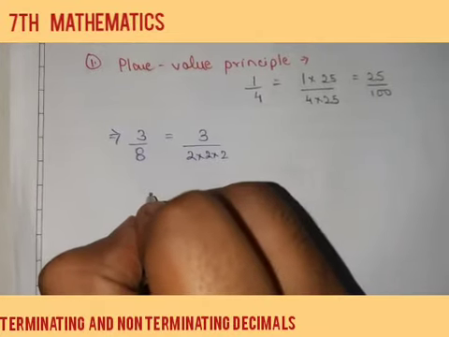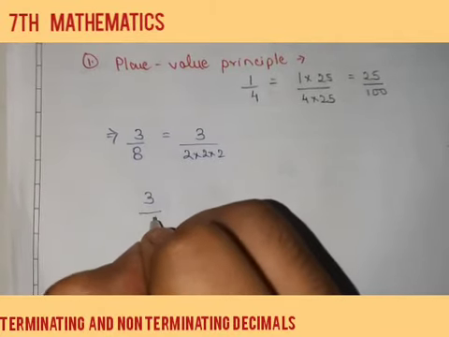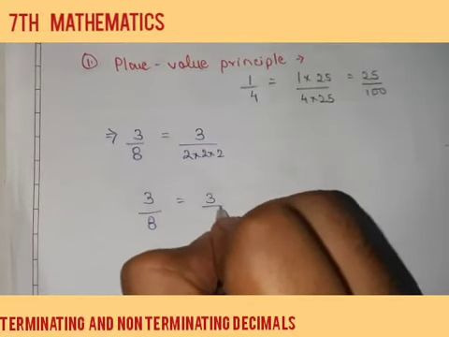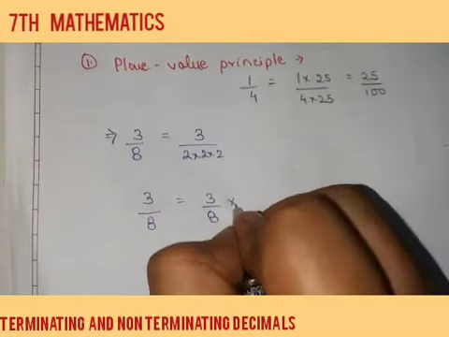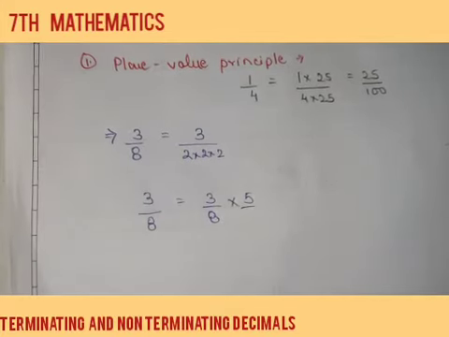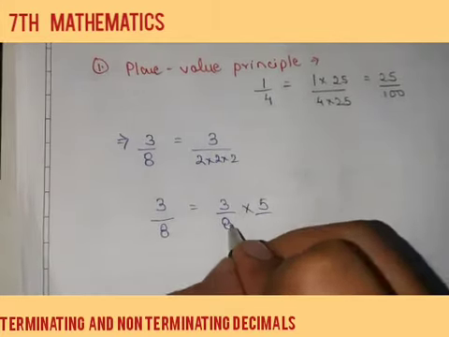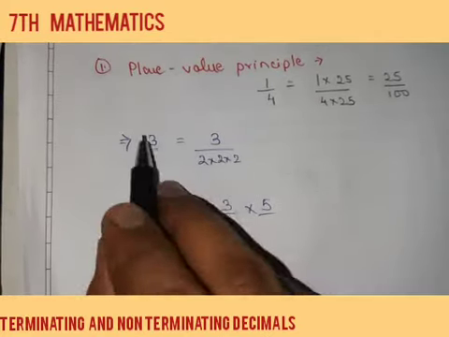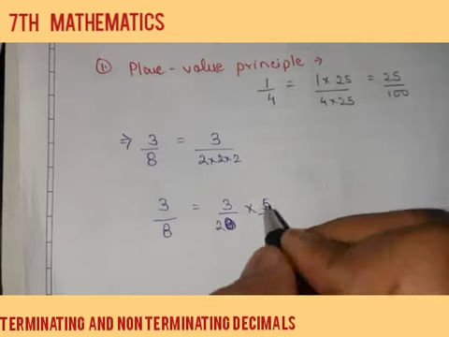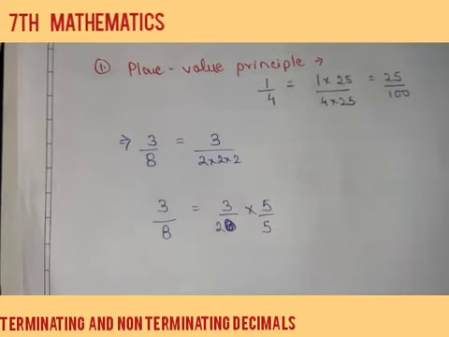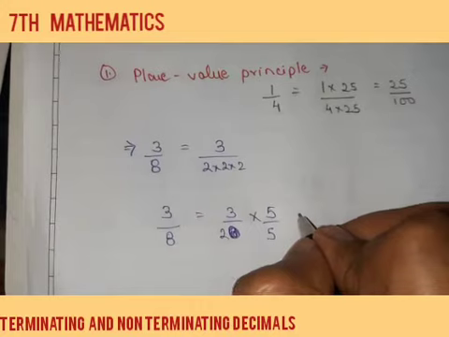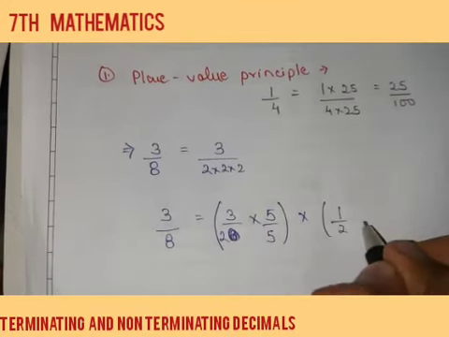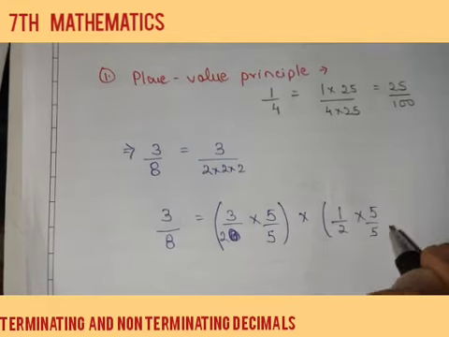Now we will write what? 3 upon 8 will be equal to 3 upon 2 into 5 upon 5, multiplied by 1 upon 2 into 5 upon 5.